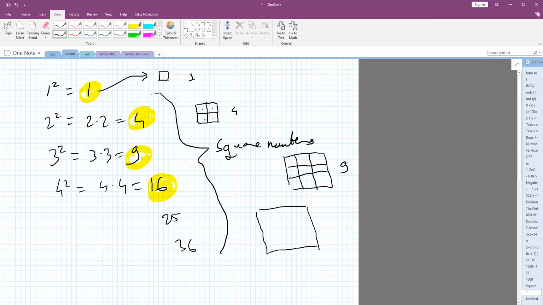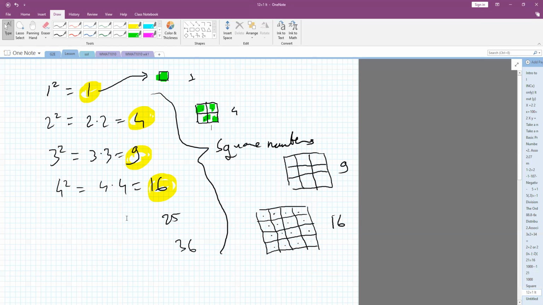Each side of the square will have 4 smaller squares. See, 1, 2, 3, up to 16. That's why it's called square numbers, 1, 2, 3, 4, and so on.